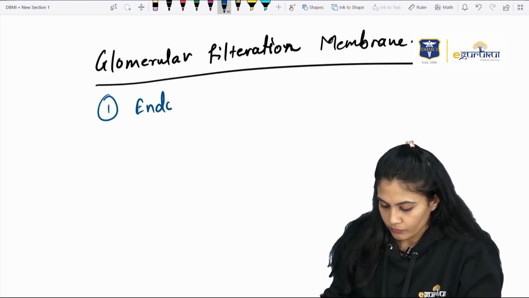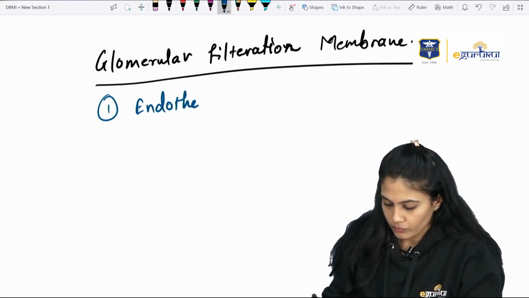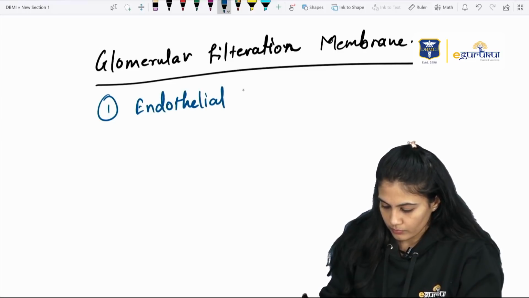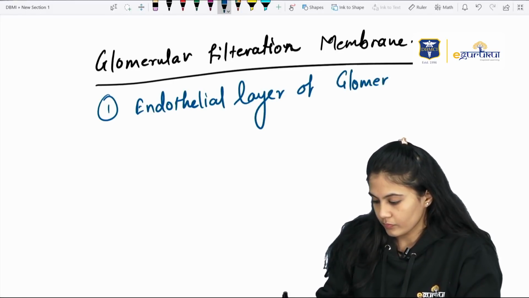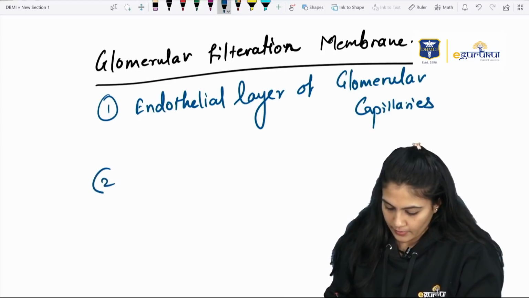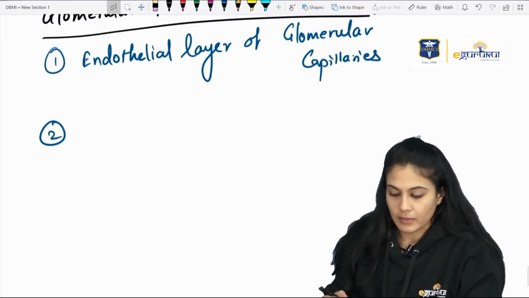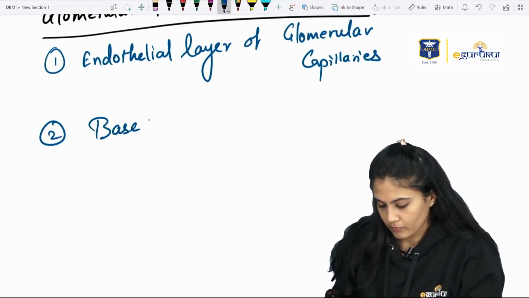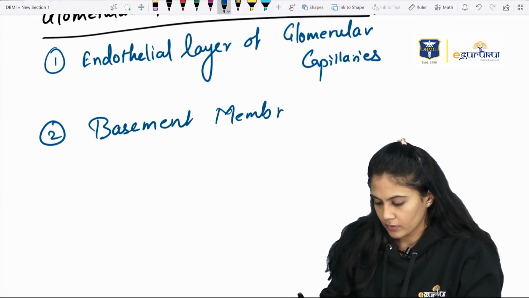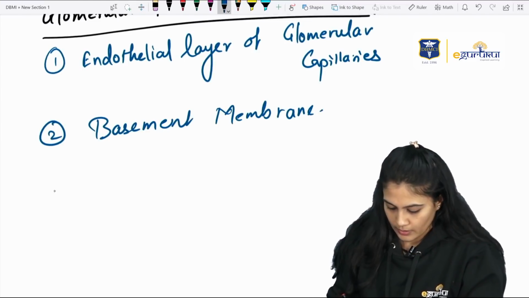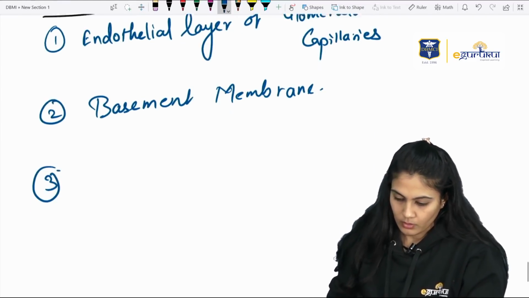What is the second layer? The second layer is the basement membrane, which is full of collagen and also important proteins, right?